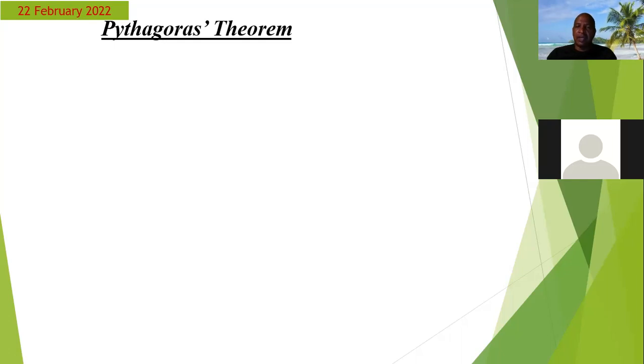And what we're going to be looking at now is a theorem known as Pythagoras' Theorem, which relates the sides of a right angle triangle. And a theorem is really an accepted principle or an accepted law that is considered to be a fact. So once we talk about a theorem, we are saying that this is always a fact.